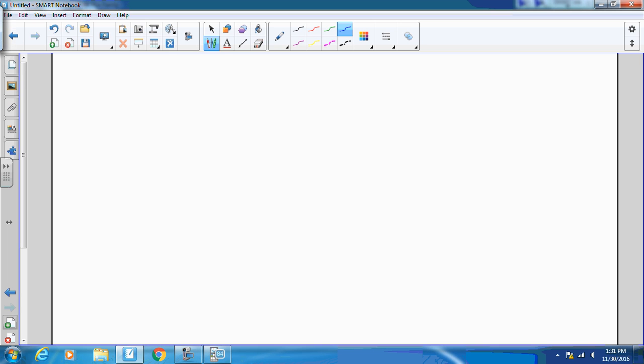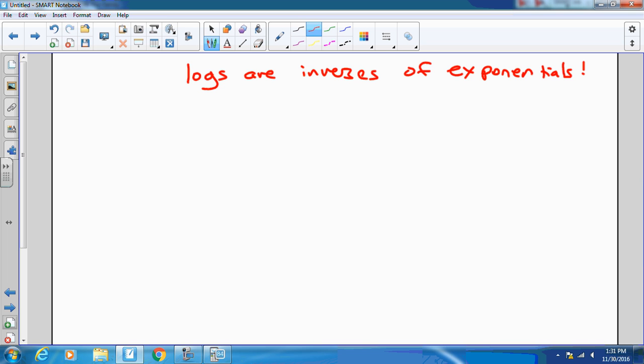Okay, let's talk natural logs. The big idea for today is that logs are inverses of exponentials. And in particular, the natural log, which is the same as log base e of x, has the property that it cancels e to the x to give x back.